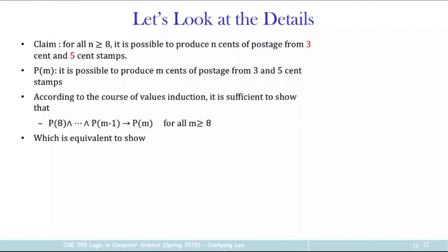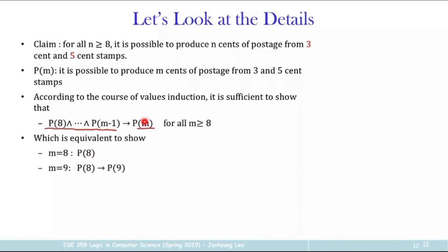So assume, starting from P of 8, P of 9, up to P of m minus 1, let's assume that these are all true. Then we can create m-cent postage. Again, try to instantiate this. When m equals 8 here, this is empty, right? So you have to prove P of 8 directly.